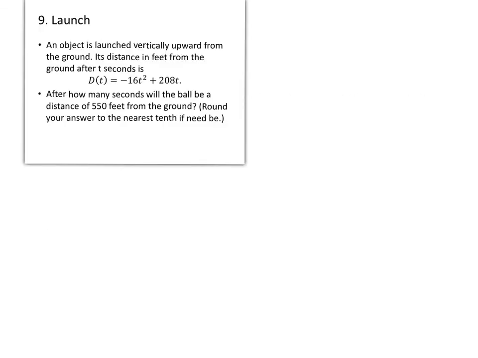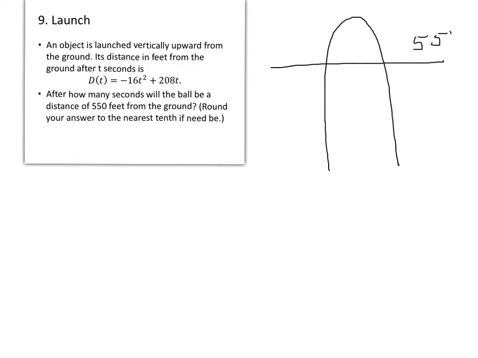The path of the rocket, or whatever object it is, looks something like this. It goes up and then it comes down. And if the distance of 550 feet is about here, then we're going to have the time here that it takes to get to the upward 550 feet, and the time here when it passes 550 feet on the way back down.